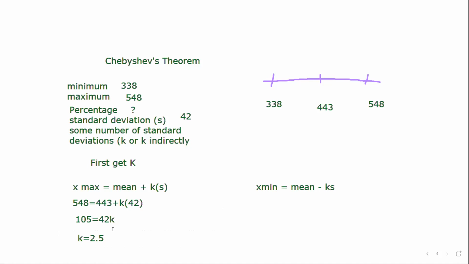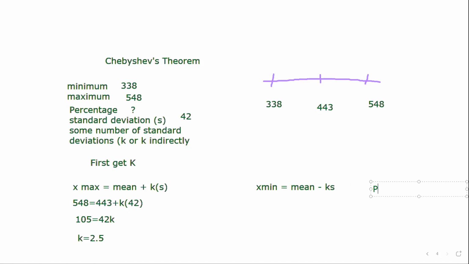So now, if I know what K is, now I can find the percentage, can't I? Because P is going to be greater than or equal to 1 minus 1 over K squared.